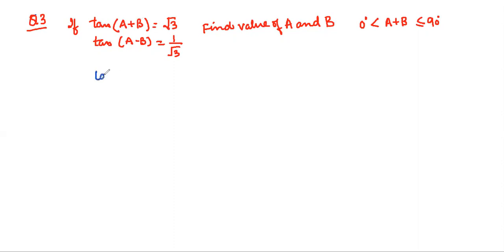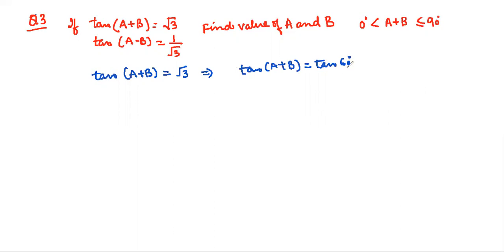So if tan A plus B is equal to square root 3, we have to just remember, when do we have the value of tan theta as square root 3? So tan A plus B can be written as tan 60 degree, as children, square root 3 is the value of tan theta at 60 degree.